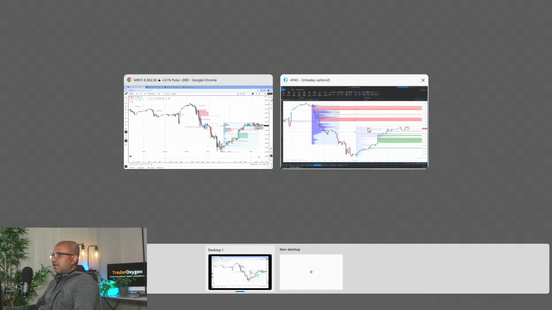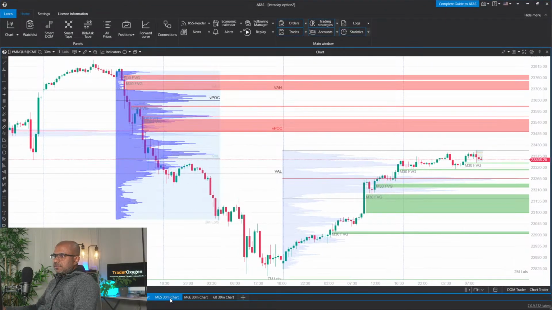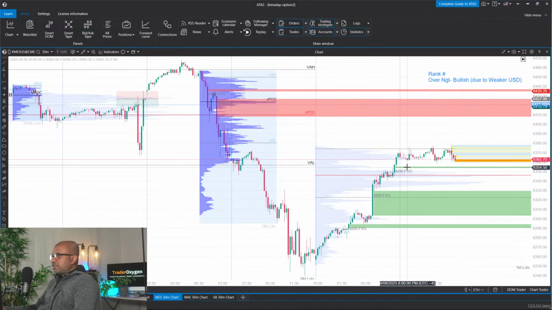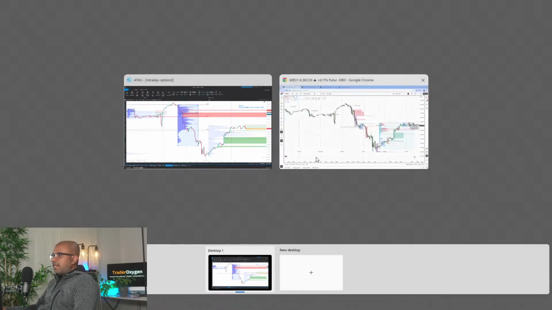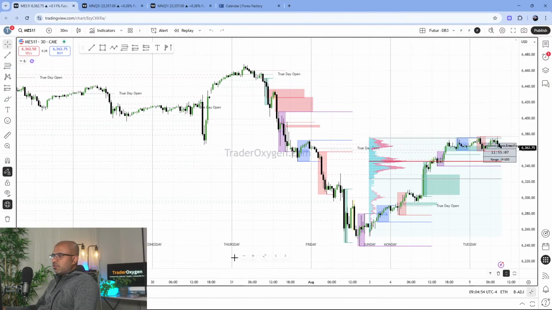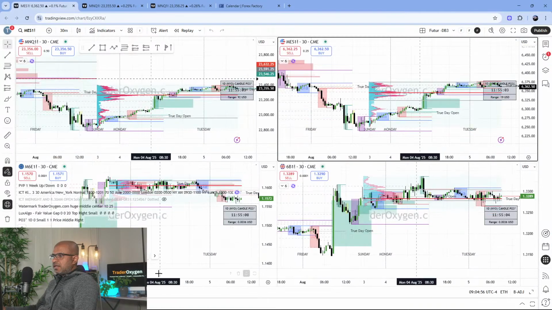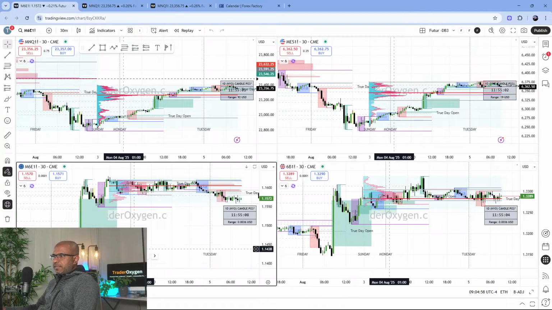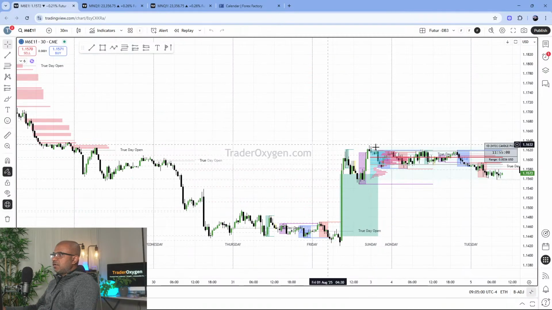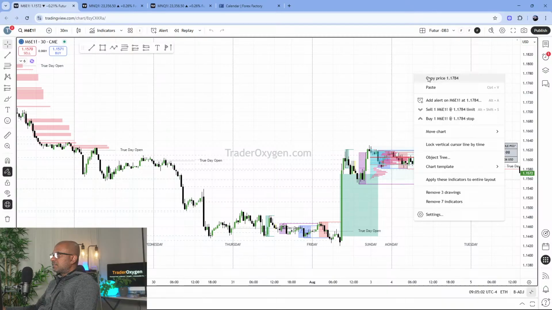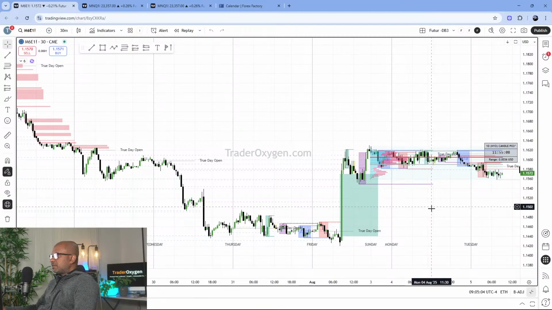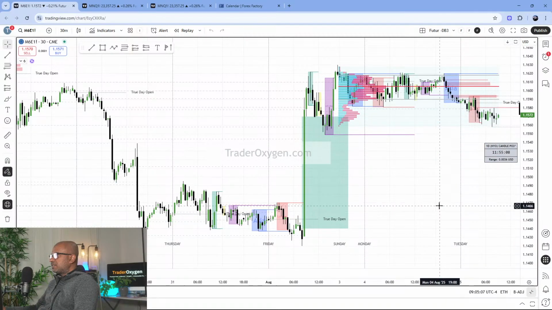And then if you look over here, you can see the MES chart, right? Micro E-mini S&P. And then if you go into TradingView, you can see over here, this is the Euro FX futures, right?